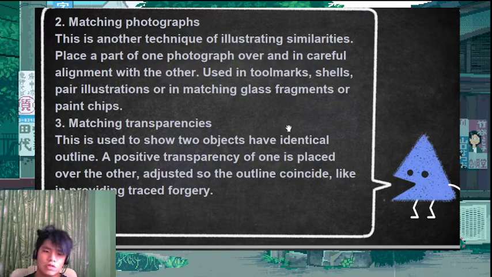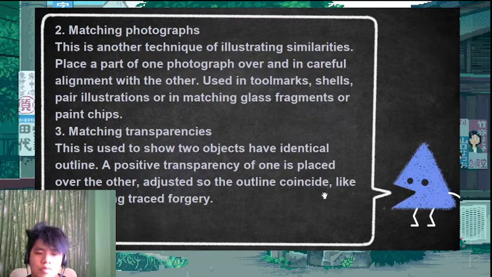This is used to show two objects have identical outlines. A positive transparency of one is placed over the other, adjusted so the outlines coincide, like the trace forgery. So, transparency. Usually it is done through yung mga signature na na-forge.